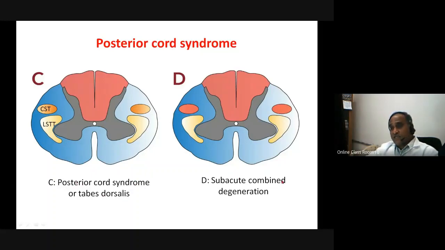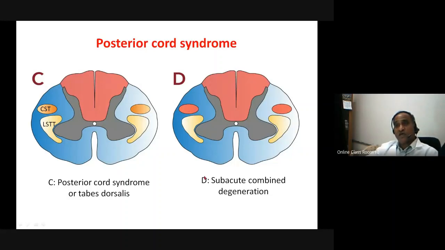Here, vitamin B12 deficiency involves these large diameter fibers. And again, posterior horn neurons, these large diameter fibers, are involved. And also the lateral corticospinal tract. These are large diameter, fast conducting fibers, and they are involved.